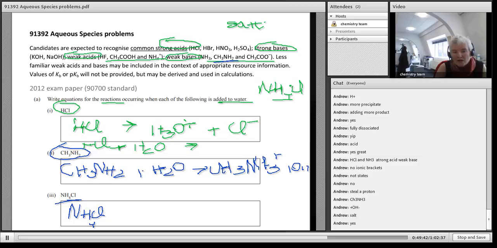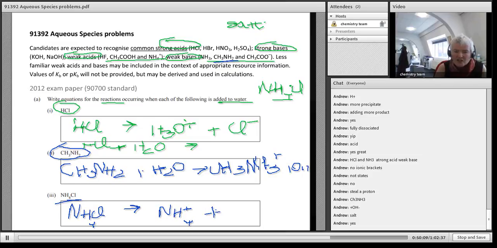So it says it writes for the reactions occurring. I must admit, I would put 2 things in here, because the first step is this: it dissociates completely. Have you ever used one of these things?